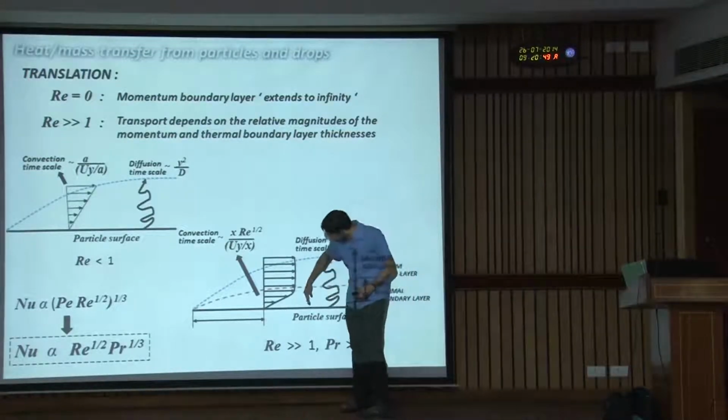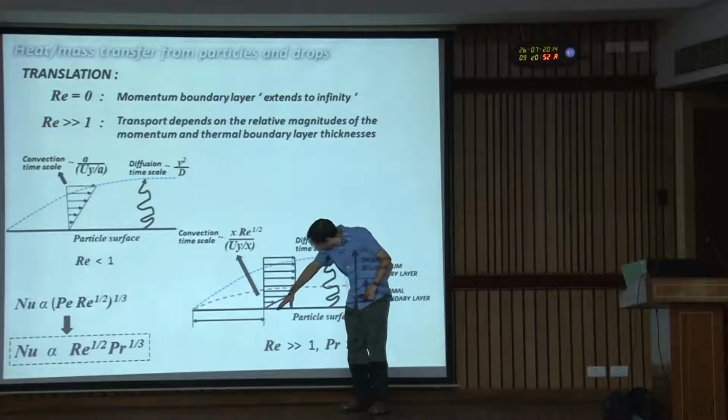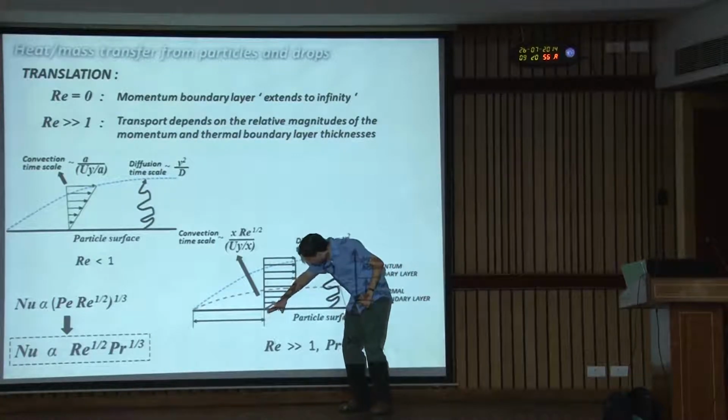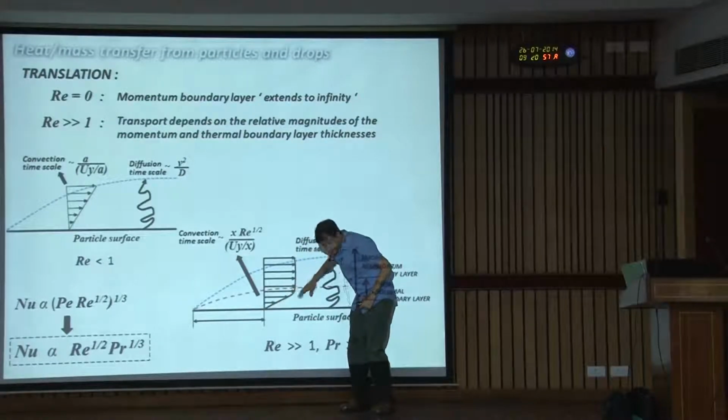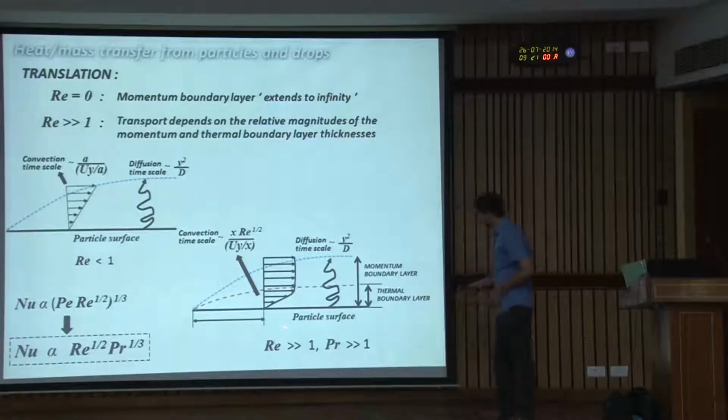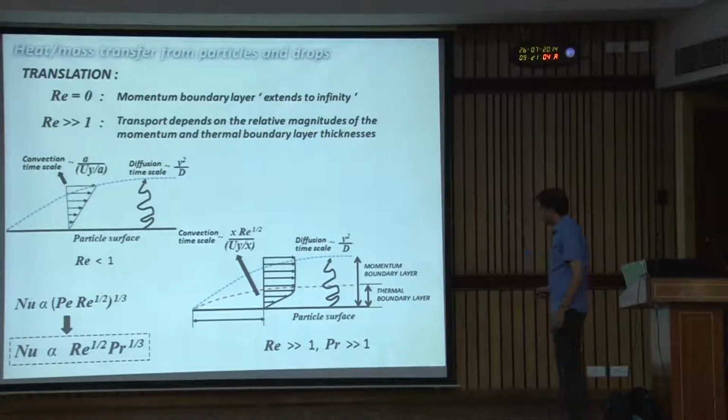So then what the thermal boundary layer sees is the final part of this profile as it goes down to 0. So that's approximately linear. That's the linear shear flow that dominates the convection of heat. And now the question is really what's that slope?